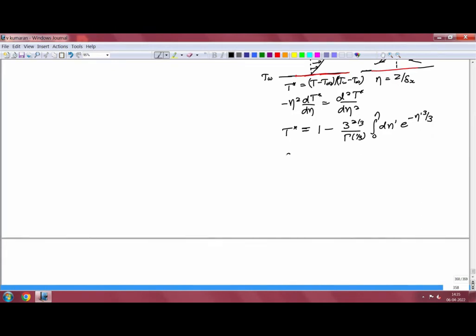The heat flux qz at z is equal to 0 was equal to k into Tw minus T infinity by delta x, into 3 power 2 by 3 by gamma of 1/3. Let me just recall for you what the expression was.